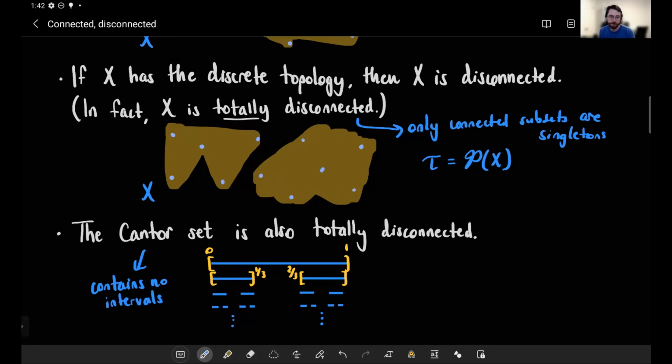Of course, the Cantor set has a lot of other unintuitive properties, like it's uncountable. There are uncountably many points in the Cantor set, and yet it has measure 0, which maybe you haven't seen yet, but it in some sense tries to capture the notion of length. So there's almost nothing there, but there's uncountably many things there. It's totally disconnected and has a lot of other wacky properties.